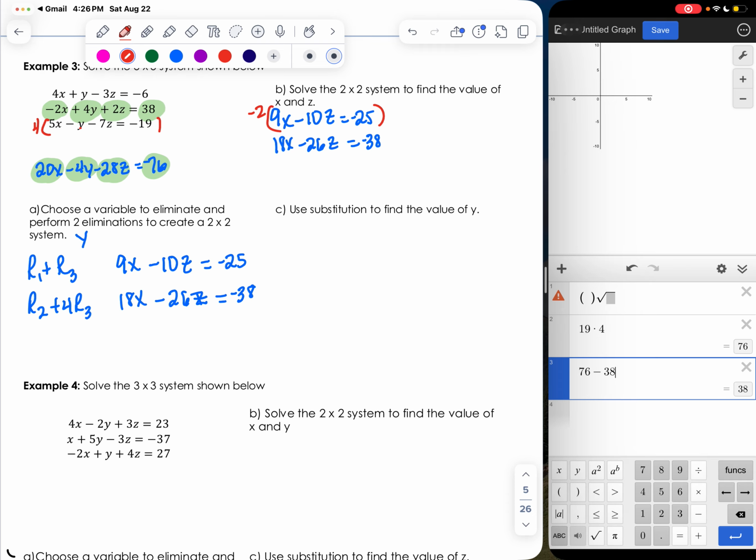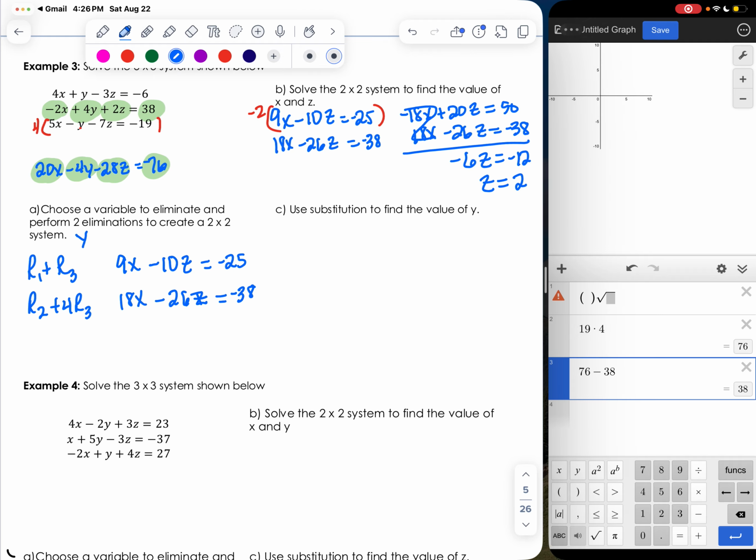When I do that, that's going to give me negative 18x, positive 20z equals positive 50. And 18x minus 26z equals negative 38. So this would zero out, and I'd get negative 6z equals negative 12. Now divide, and that gives me positive 2.